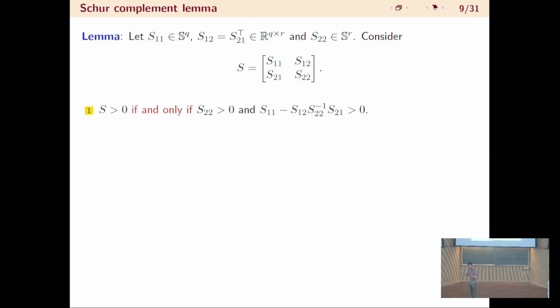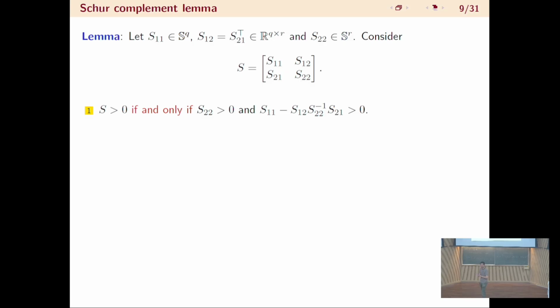So the Schur complement lemma studies partitioned matrices. So imagine that we have some matrix S. It's a symmetric matrix, and it's partitioned in the following way. So we have S11, S12, S21, and S22. S11 is a symmetric matrix of size q by q.